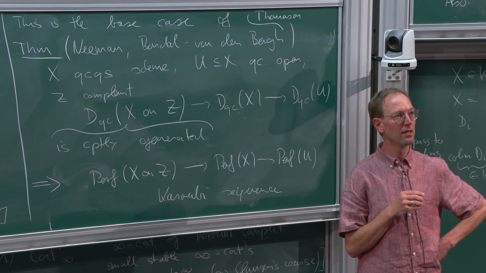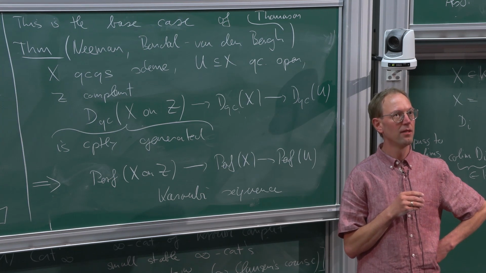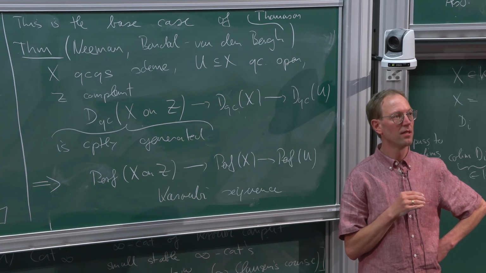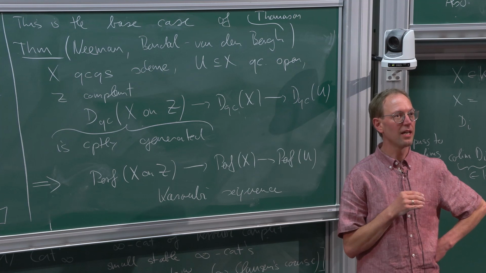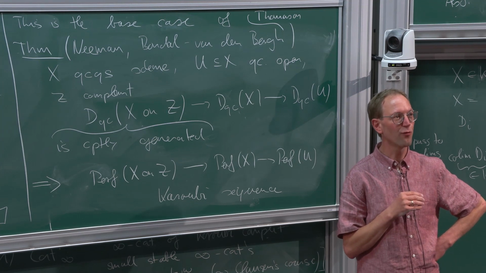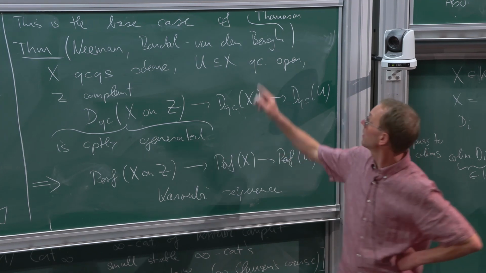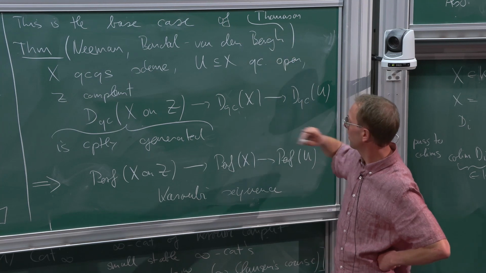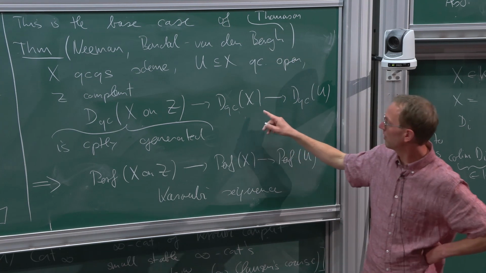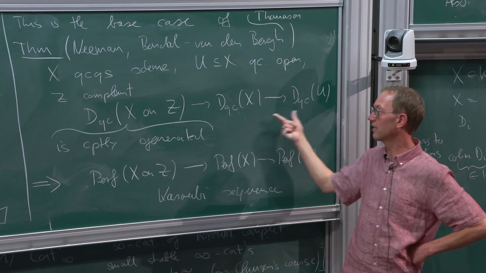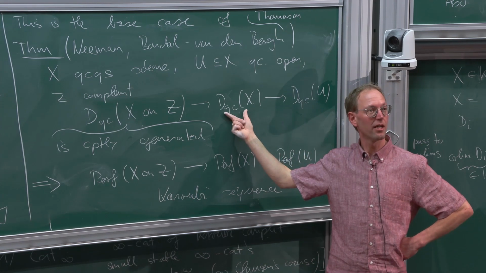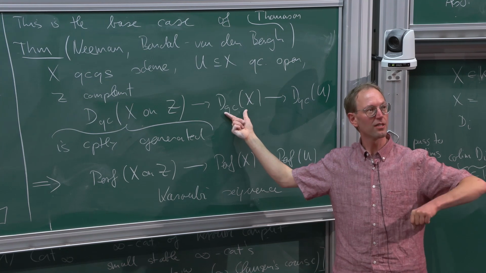I think it's not formulated in that language. What this refers to is that Thomason had this criterion for when a perfect complex on U extends to X, namely if and only if its K_0 class extends.